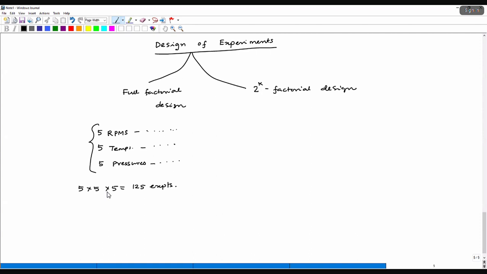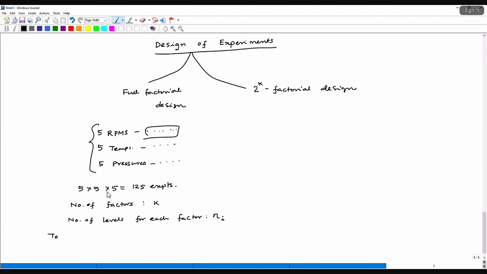Okay. So you end up doing a large number of experiments. In general, if you generalize full factorial design, let's say the number of factors affecting the performance is k, and the number of levels for each factor is, let's say, ni. Like here it is 5, right? 5 different levels of RPM you want to investigate.